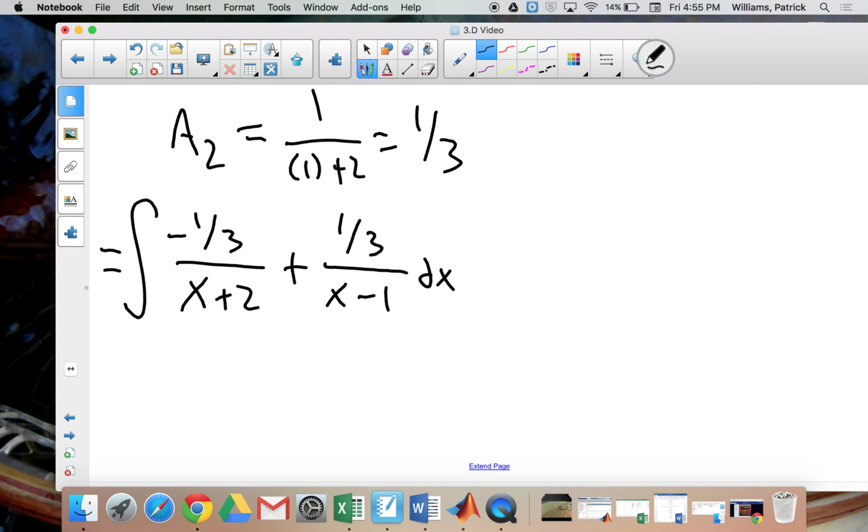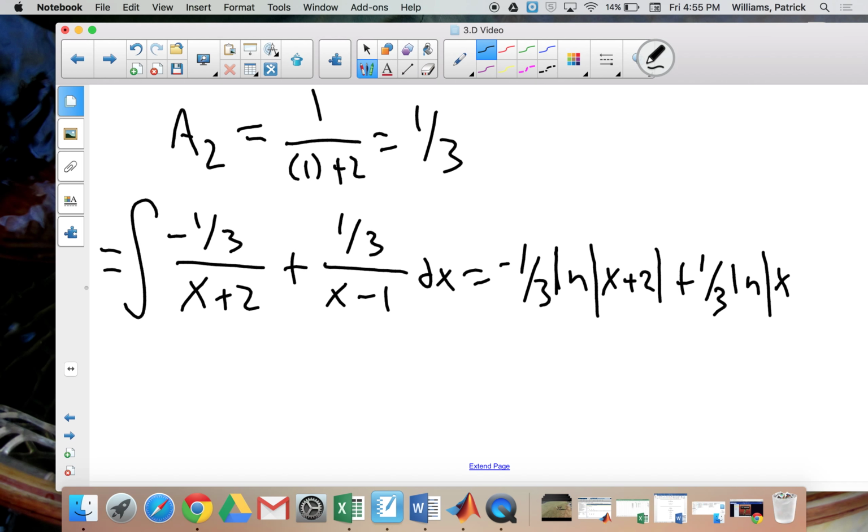And this is a pretty straightforward integral. This would just be negative 1/3 natural log of the absolute value of x plus 2, plus 1/3 natural log absolute value of x minus 1, plus c.